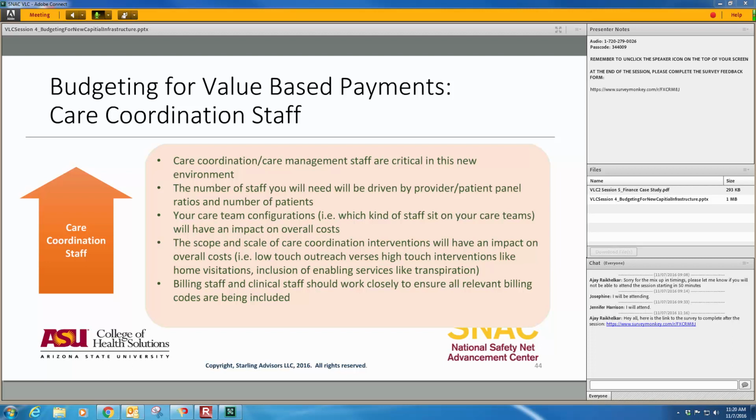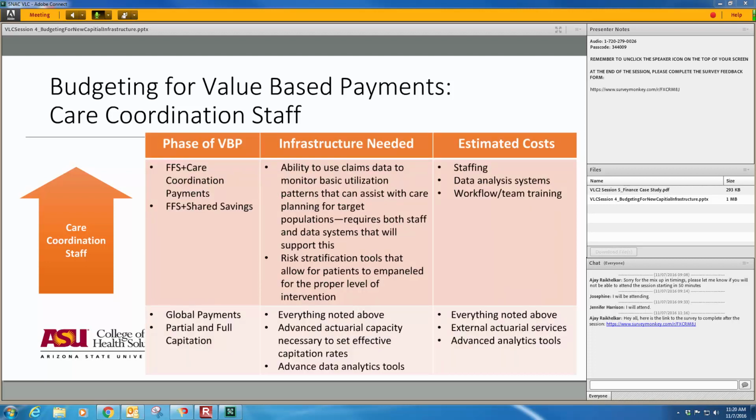So again, this is pretty straightforward. We understand this. And it doesn't look dramatically different, except that under global and capitated models, you might be doing more intensive case management of certain patient populations that are going to be highly driven on what your risk models tell you might need.